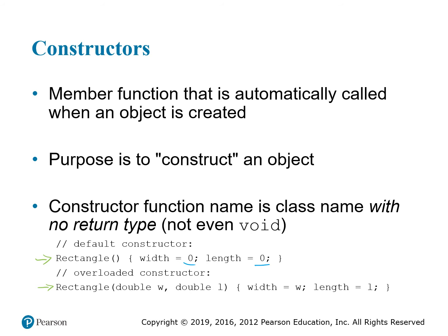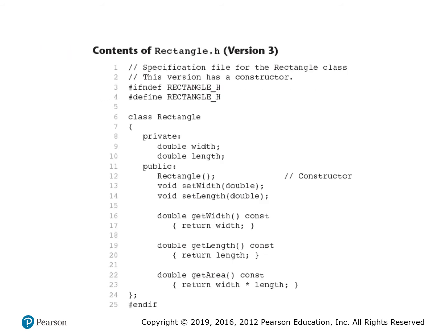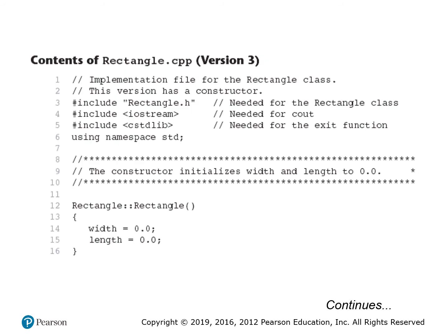So in this case, I can provide W and set width to W. I can provide L and set length to L. And now instead of having to call r.setWidth, r.setLength, I've set it all up in one line of code. It's very handy.